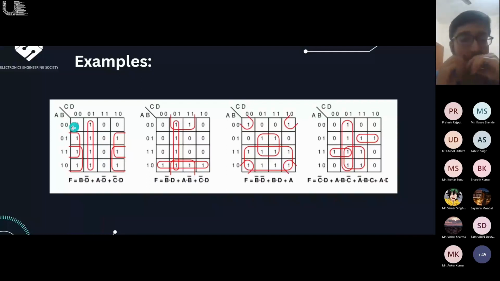For example, I can club cell number 0, 1, 3, 2. I can club in cell number 4, 5, right? And then 12 and 13, right? Can I do that? Someone tell me. Cell 4, 5, 12, and 13.